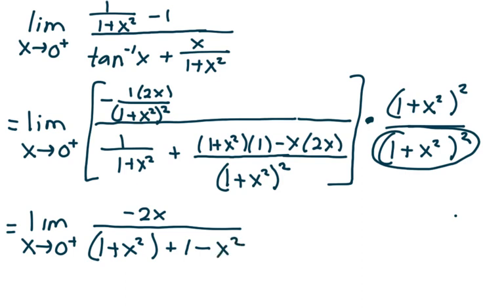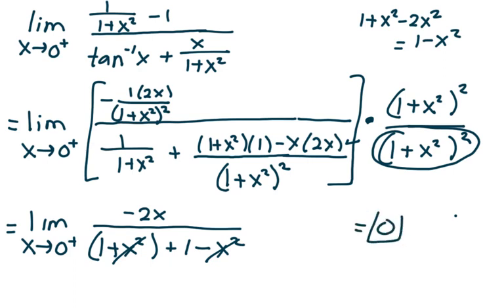Because if you look at the numerator up here, it's 1 plus x squared minus 2x squared. So 1 plus x squared minus 2x squared is equal to 1 minus x squared. But the x squareds cancel, and then when I let x go to 0, the answer is 0.